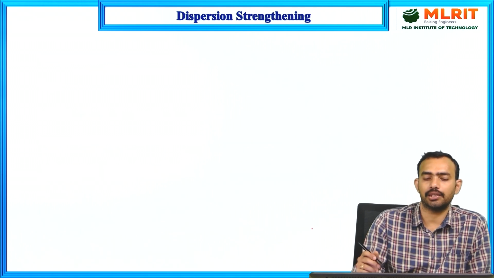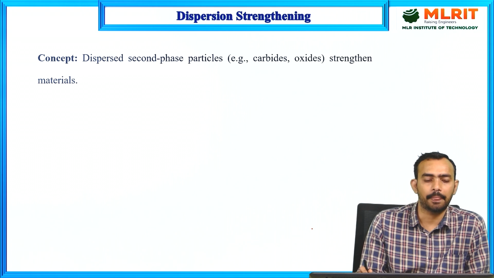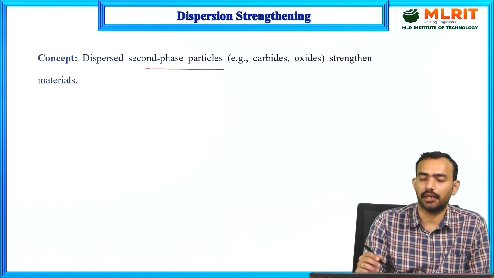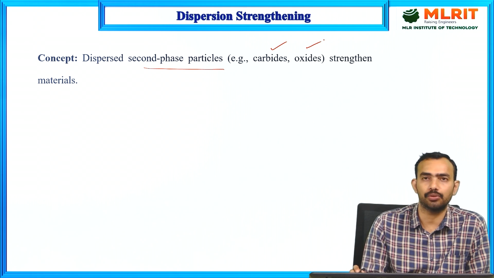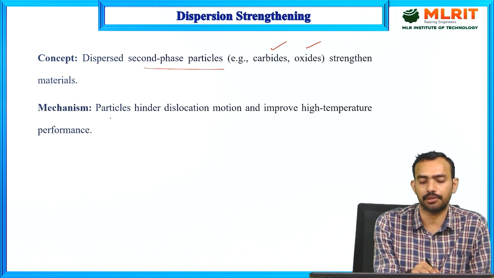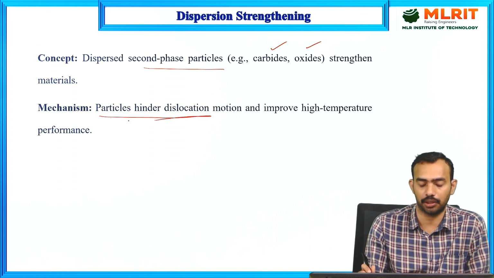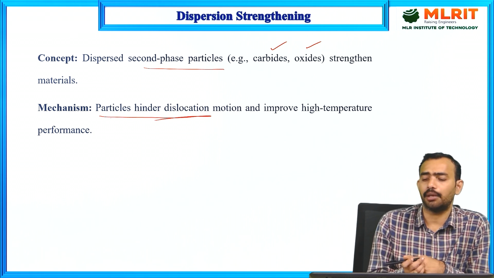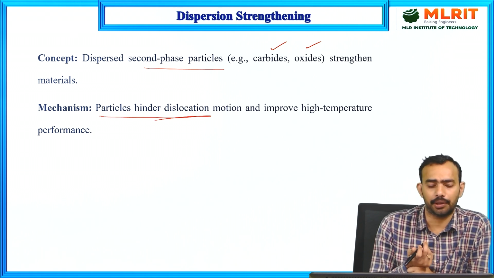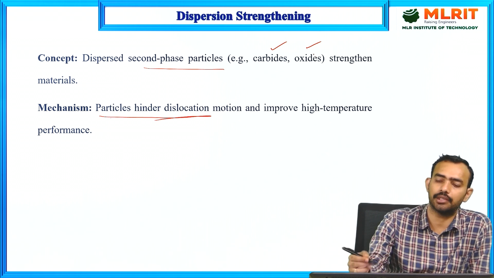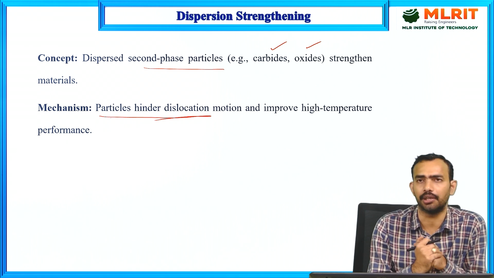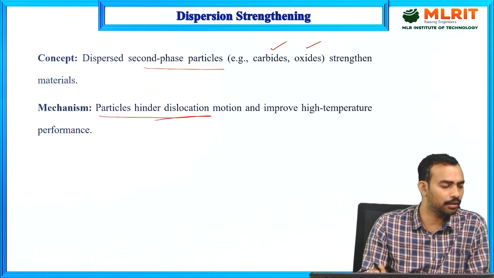Then we have the dispersion strengthening technique. Here we disperse second phase particles like carbides and oxides to strengthen the material. These particles will hinder the dislocation motion and improve the high temperature performance, because carbides and oxides are ceramic in nature, so the high temperature withstanding ability of the material can be significantly improved.